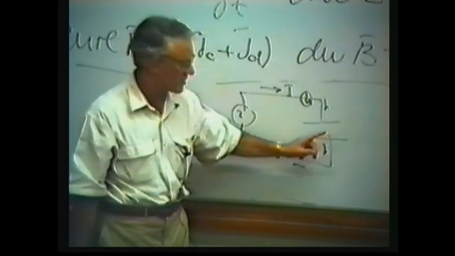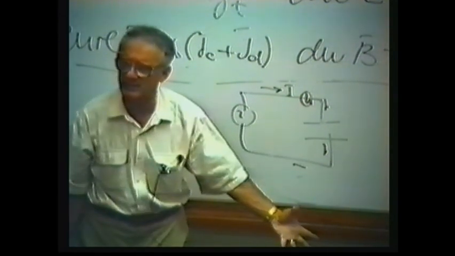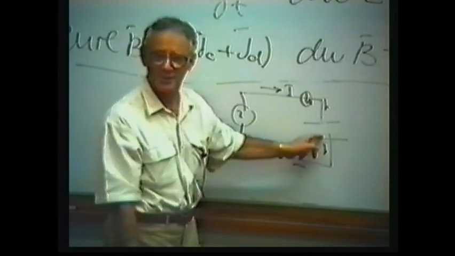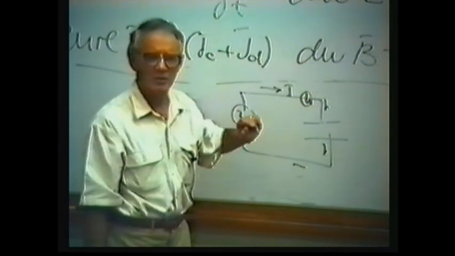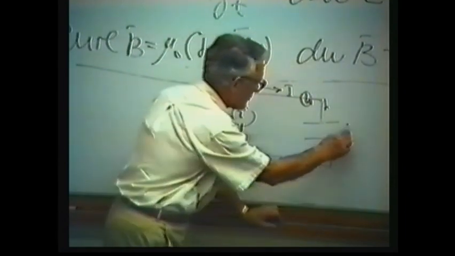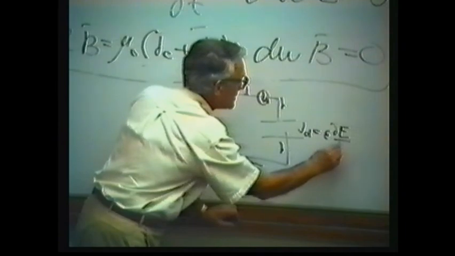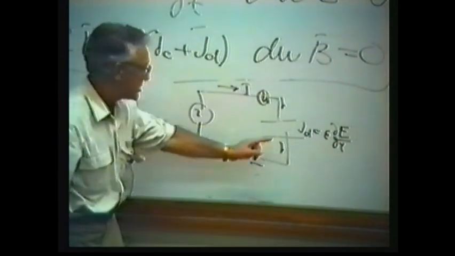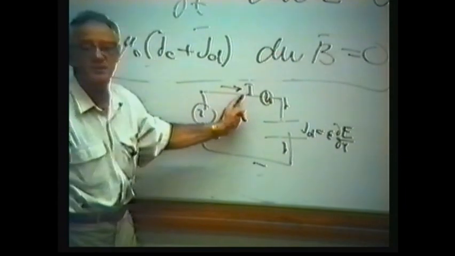Even though the condenser is not conductive, it must be something. So this something is displacement current. Its density is exactly equal to epsilon dE/dt. If you take this density, you will find out the total current equals this current.